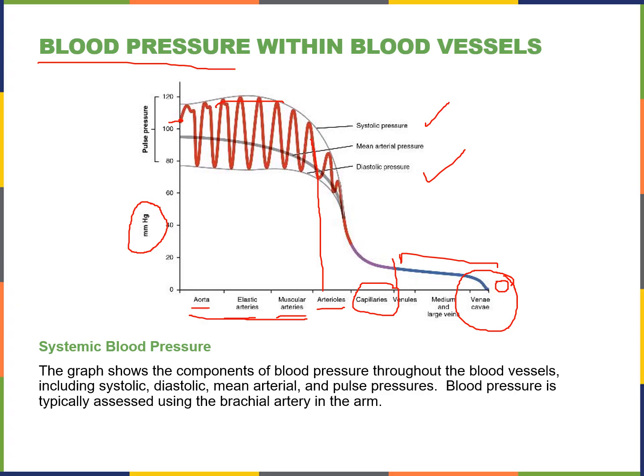So blood pressure does decrease in the capillary, and blood flow, which is not shown on this diagram, also decreases to allow for the exchanges to occur. But the veins and the vena cava, which is the blood vessel that is going to take the blood directly to the heart, that's the one with the lowest pressure.